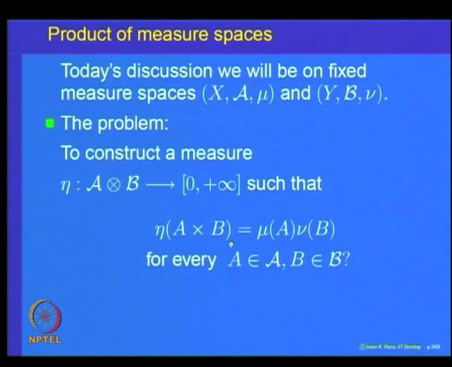For such sets, we want that the notion of size, namely the measure, of a set A times B should look like mu of A, something like length of A, into nu of B, length of the set B. So, this is the abstract problem: given two measure spaces (X, A, mu) and (Y, B, nu), how to define a measure in a nice way on the product sigma algebra, such that on rectangles it looks like the product of the corresponding measures.